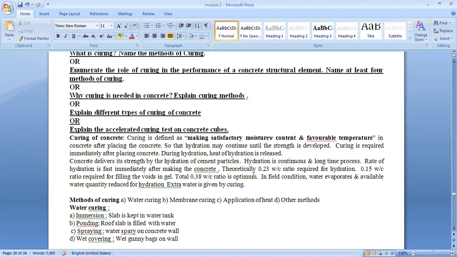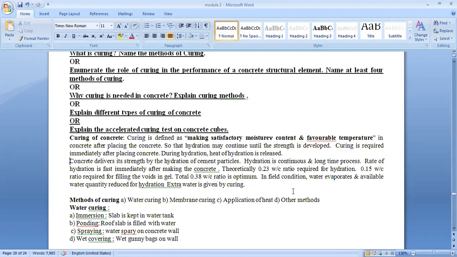Theoretically, a 0.23 water-cement ratio is required for hydration, and 0.15 for filling the voids in the gels. So a total of 0.38 water-cement ratio is optimum. In the field condition, water evaporates and the available water for hydration is reduced, so extra water is given by curing.